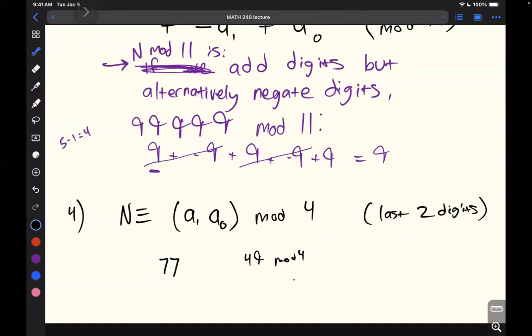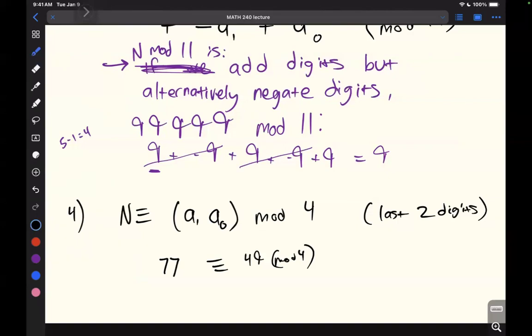Wait, that doesn't, hold on. Okay, so 49 mod 4. I was wrong. Sorry, I'm getting myself confused.